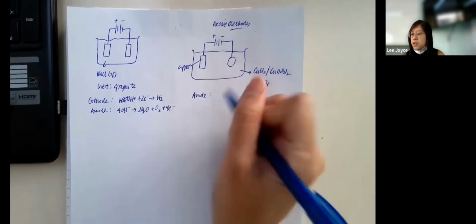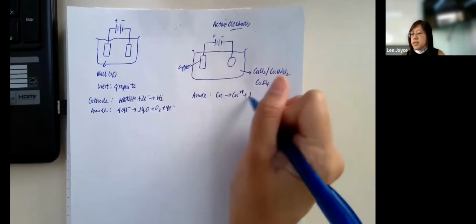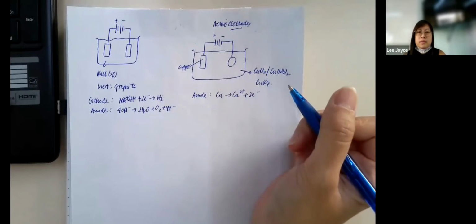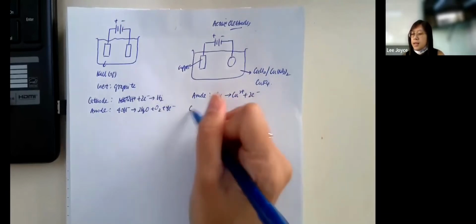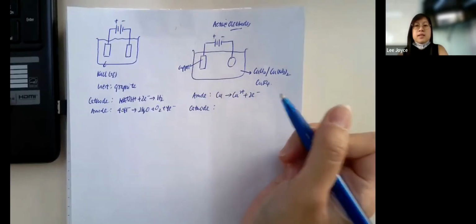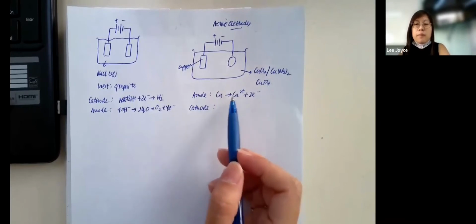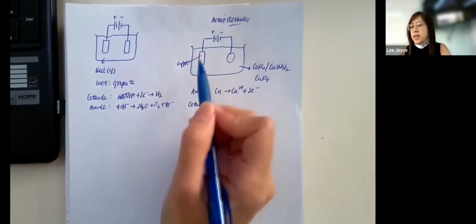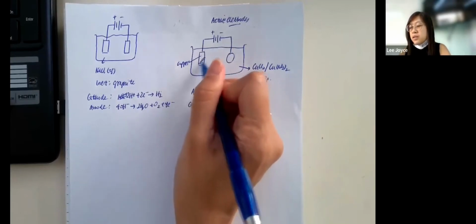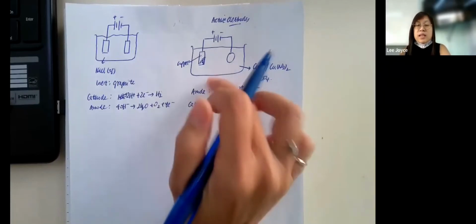At the anode, the copper metal will get oxidized to form Cu2+ ions, losing electrons. Over time, the anode will become smaller and smaller, as it gets depleted and dissolved into the solution.